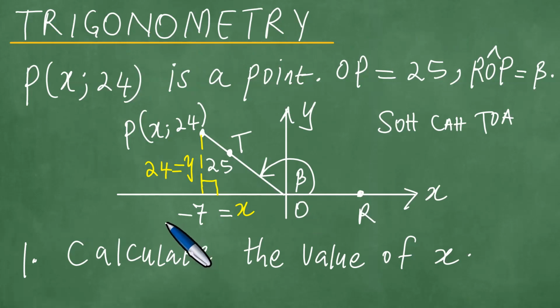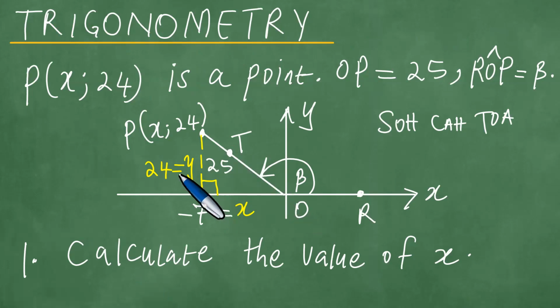So right, we have obviously exactly that part there. What do we do here? So we're going to find the sine of beta. And the sine of beta is what? It is opposite over hypotenuse, and therefore it is 24 out of 25.